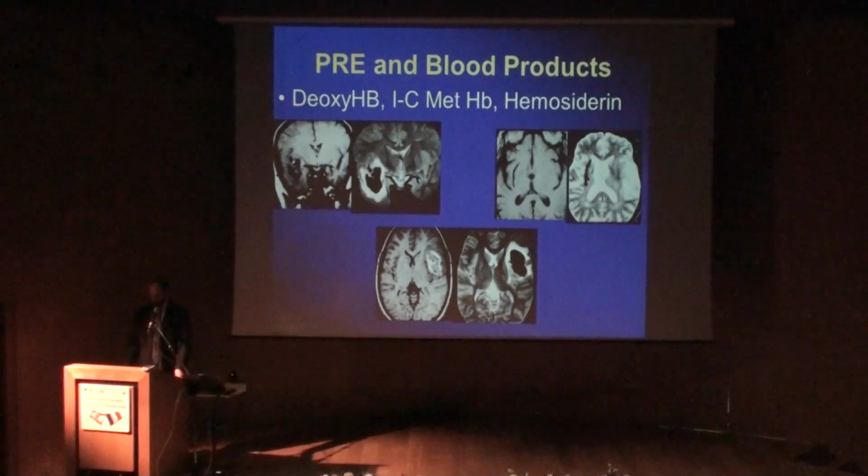On this sequence, what you're seeing is some bright area on T1 weighted scan. However, it is dark on the T2 weighted scan because of intracellular methemoglobin, which also has proton relaxation enhancement, a T2 shortening effect, as contrasted with the bright on T1, which is from proton-electron dipole-dipole interaction.